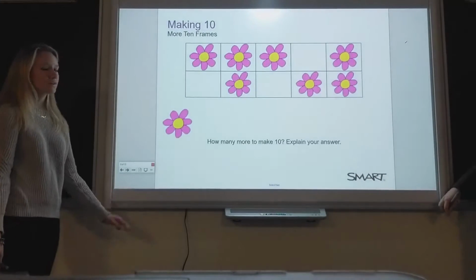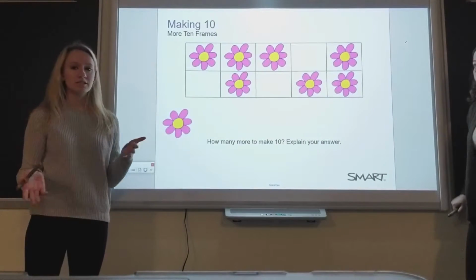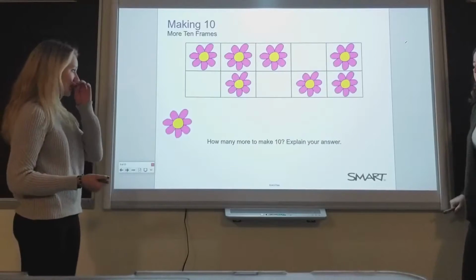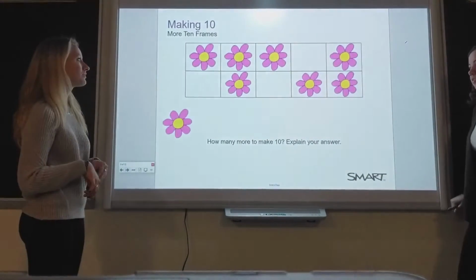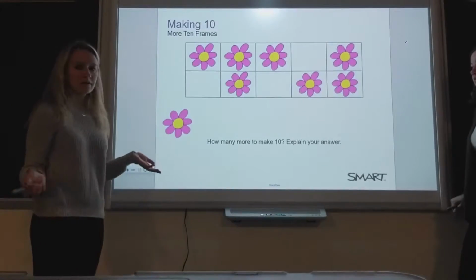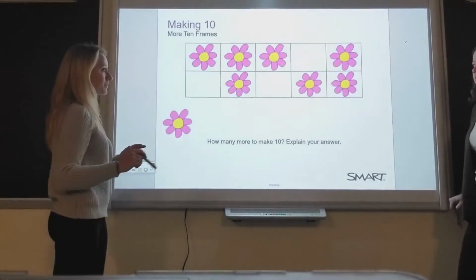So all the previous slides we've had have been us, the teacher, teaching the class. However, the next few slides are going to be the students coming up and doing it themselves. So on this slide, we'd call on a student and have them come up and take the flowers and count themselves.